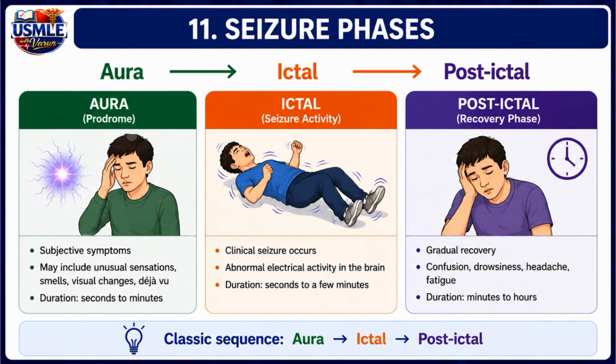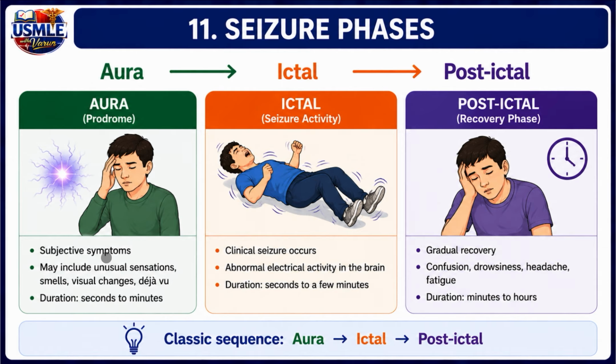A seizure typically progresses through 3 phases. So the aura is the earliest warning symptom, whereas the ictal phase is the period of active seizure activity. Finally, the post-ictal phase represents the recovery period after the seizure has ended. Aura is usually characterized by subjective symptoms.